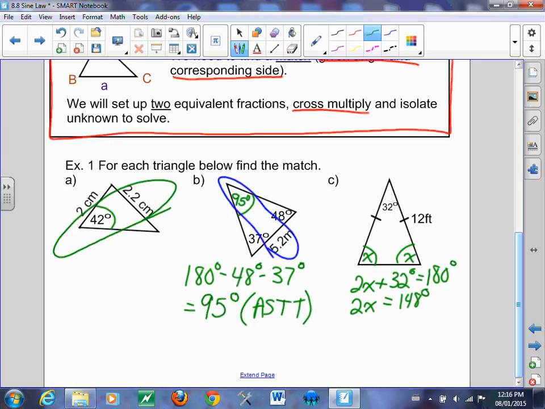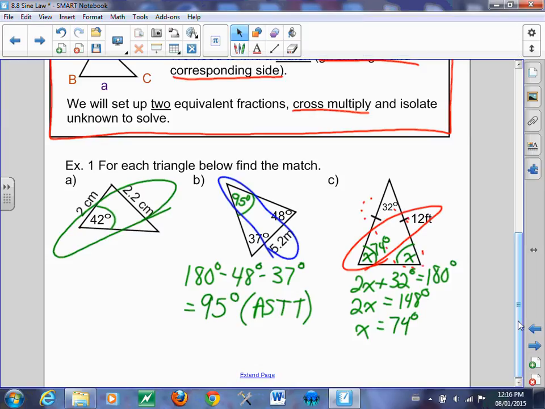Divide both by 2. X equals 74 degrees. Now that we know this is 74 degrees, we have a match. And you could use this as a match as well, but I always just circle one. On an isosceles triangle, if you have one match, guess what? You're going to have the second match if they are the base angles that you found.